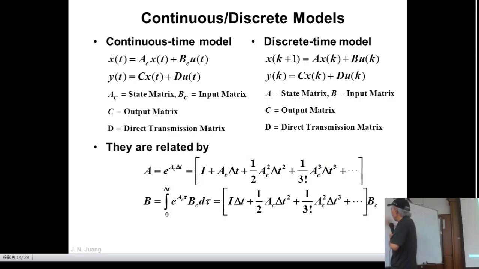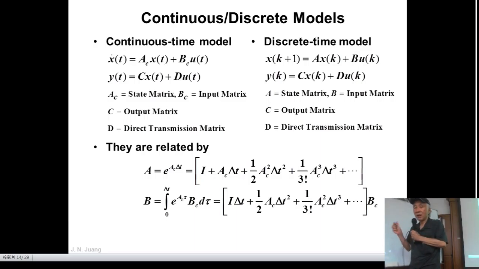it's easy too. You can type help EXP. They will show you how to do this, the exponential functions.